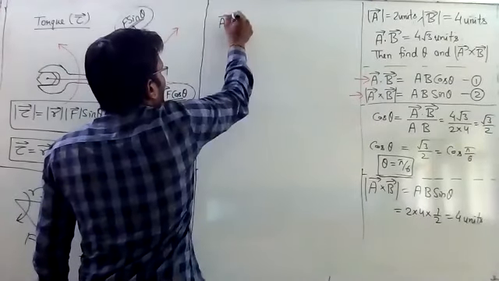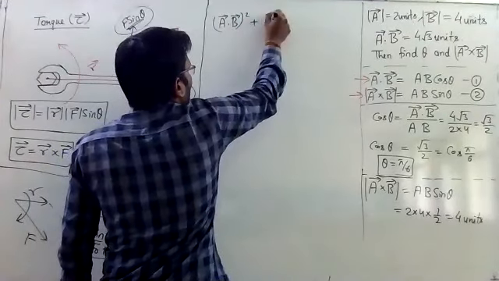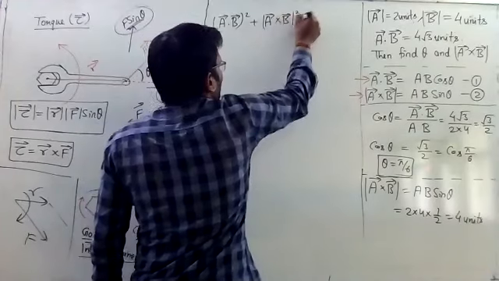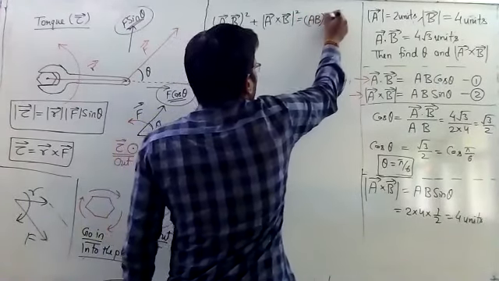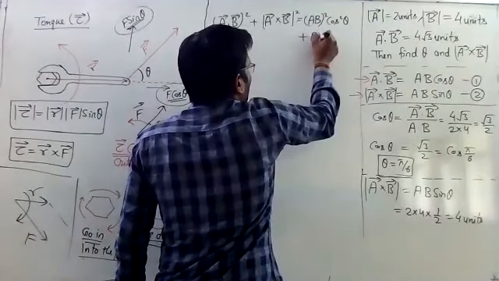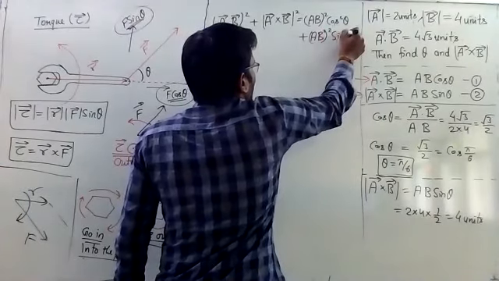(A dot B) whole square plus (A cross B) magnitude whole square is equal to AB square cos square theta plus AB square sin square theta.